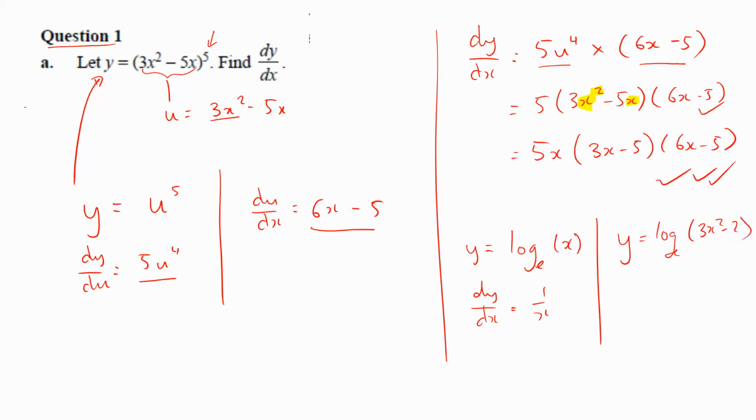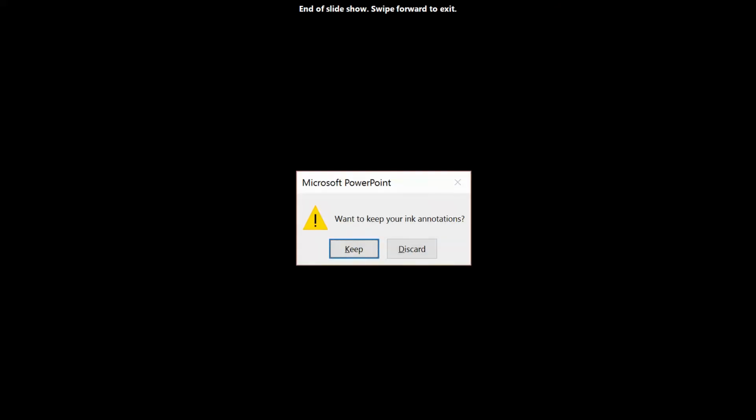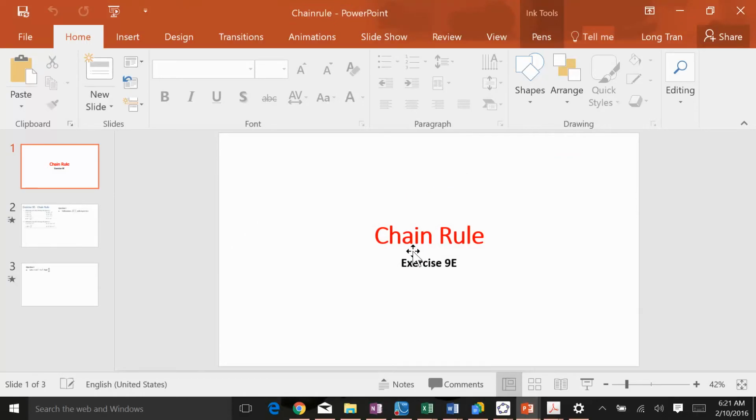That's a chain rule problem because it's a composite function. It is a quadratic within a log function. And then you use the chain rule. Same thing again. I think that's the end of my chain rule slide. Yes, it is the end of my chain rule slide.